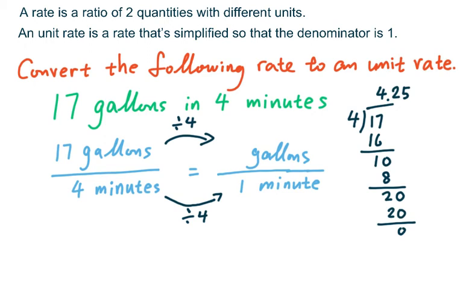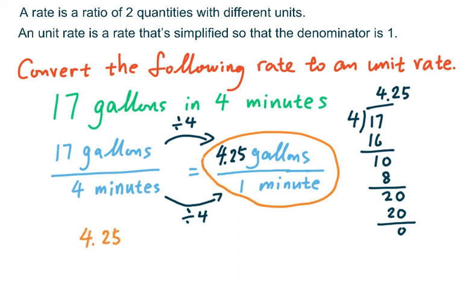As you see my long division on the right side, 17 divided by 4 equals 4.25. So the final answer in unit rate would be 4.25 gallons to 1 minute. Or you can say 4.25 gallons per minute in a phrase.